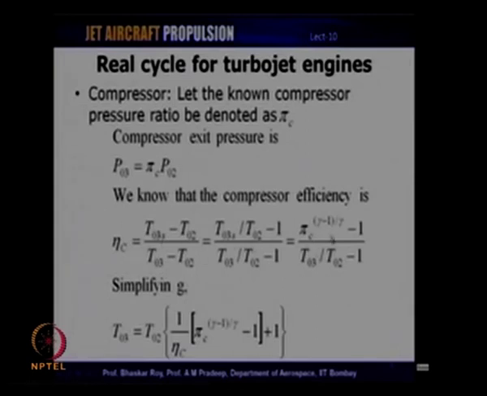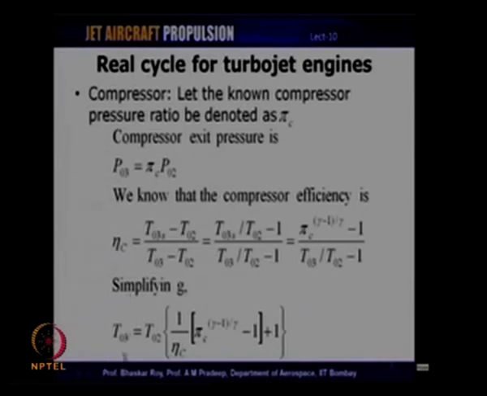We again take the temperature ratio like we did for the diffuser, in which case in the numerator we have the isentropic temperature ratio, which is basically the compressor pressure ratio pi c raised to gamma minus 1 by gamma, minus 1, divided by T03 by T02 minus 1. If we simplify this, we get an expression for the stagnation temperature in terms of the compressor pressure ratio and the efficiency.